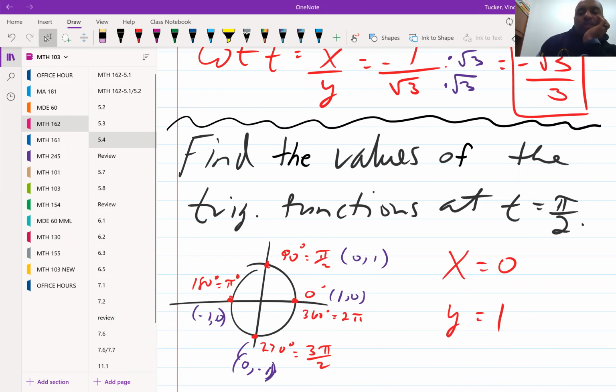All right, so pi over 2 is 90 degrees. The coordinates of 90 degrees are 0, 1.